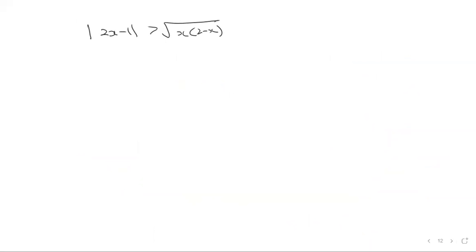Well, in cases like this, especially when you've got a square root on one side and an absolute value on the other side, I think it's very helpful to remember that the square root of y squared is the absolute value of y. We've talked about this before as an easy mistake to make, when people forget to do the absolute value.